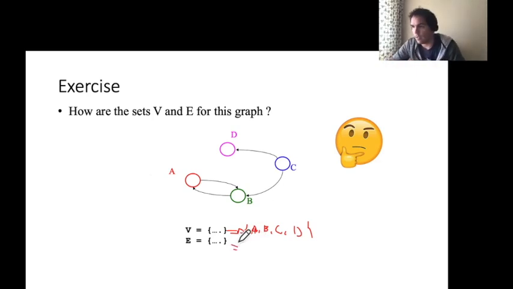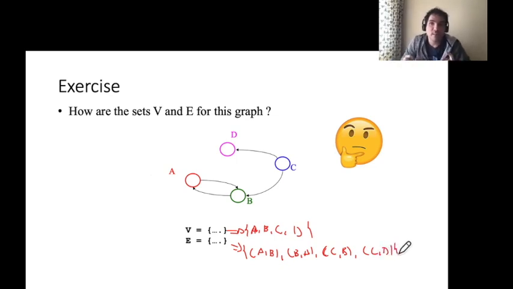Now for the connections, okay, we are going to represent those as, for example, we can start with this connection here from A to B, and we can continue now with B to A, and we can continue with this one here from C to B, and we can go from C to D. Okay, so this is just how we can represent this graph using this set notation.